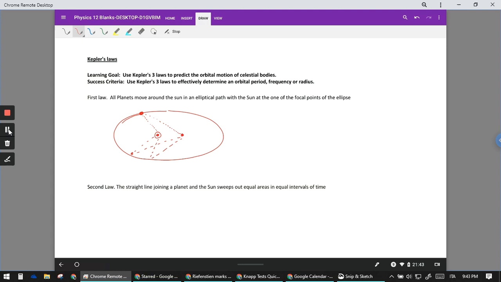Essentially, that's the definition of an ellipse: all points on the ellipse have the same sum of the distances from the foci. Okay, that's Kepler's first law.